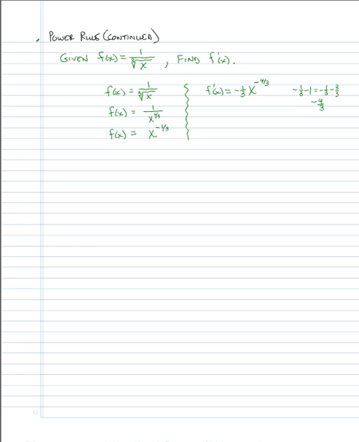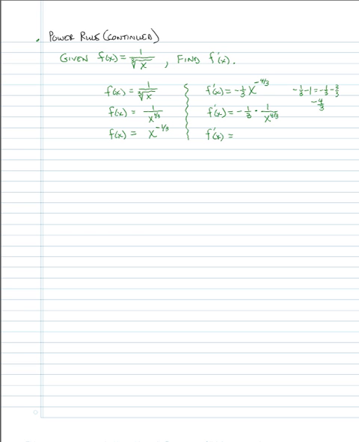Now we won't leave a negative exponent. That's not something that we normally do. So we'd need to use algebra again to rewrite, and we'd say, oh, well, that's negative 1/3 times 1 over x to the positive 4/3 power. Okay, and then we recognize, well, we can multiply those two fractions together.